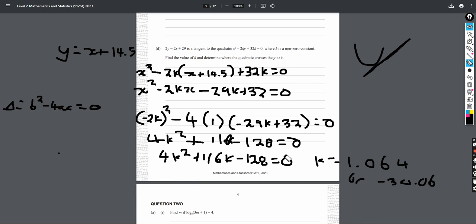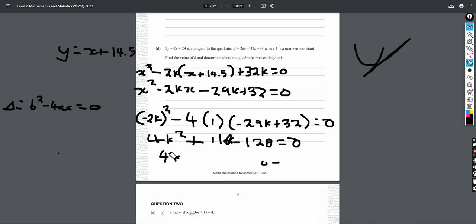Perhaps we need to use a different value of k. The other value of k was about negative 30 point something. So does that work?